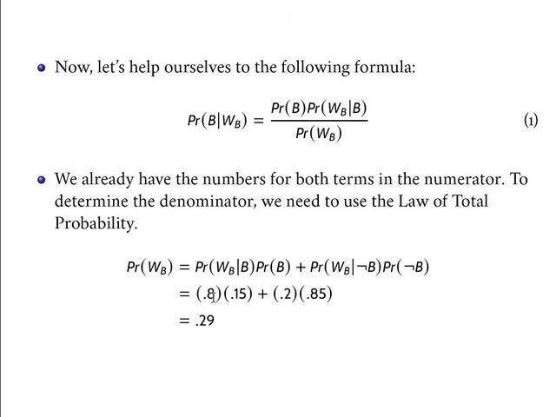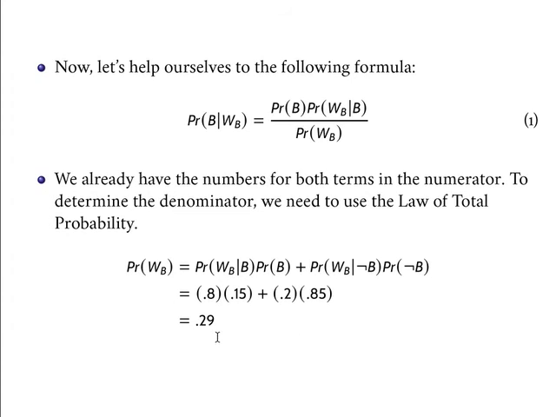So we just fill in the numbers according to the question: the reliability of the witness in saying that it's blue if it is, and the flip side, the probability that the witness will make a mistake, i.e. say that it's blue when it's not, which is 0.2. You multiply 0.8 and 0.2 by the unconditional probability that it's blue on the one hand and that it's not blue on the other. And what we get by simply doing that math is 0.29.